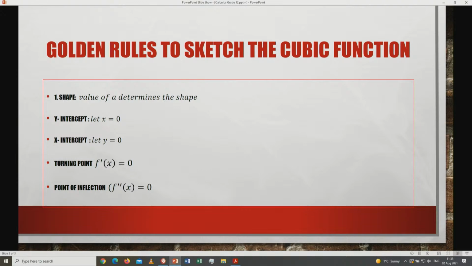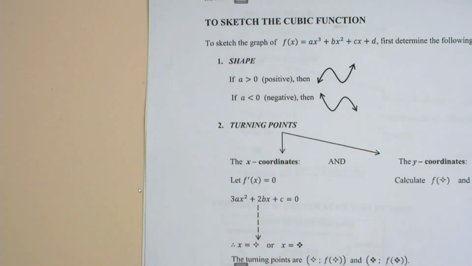For the Y-intercept, you let x be 0, and for the X-intercept, you let y be 0. Then the turning points, as well as the point of inflection, where the second derivative is equal to 0. These are the golden rules to sketch the cubic function. Now let us unpack each rule.